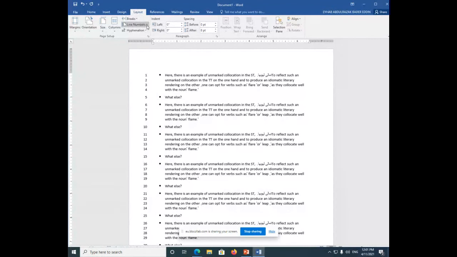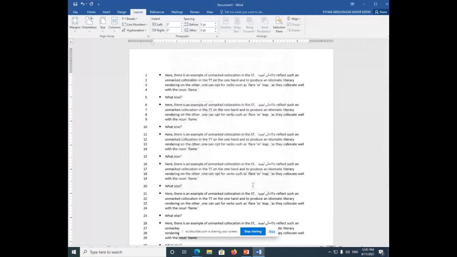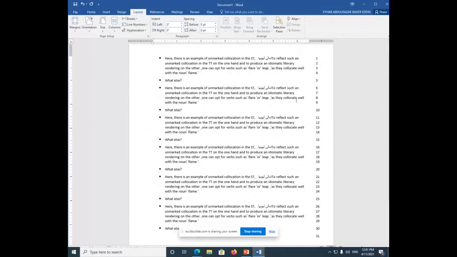You can, of course, customize this to restart each page or each section, etc. Of course, if you have a text from Arabic into English, you can use right to left. If you have an Arabic text, it's useless to number it from the left since you write from the right. So you change the direction of the numbering. Okay, any other questions?